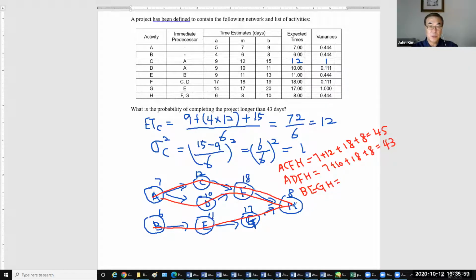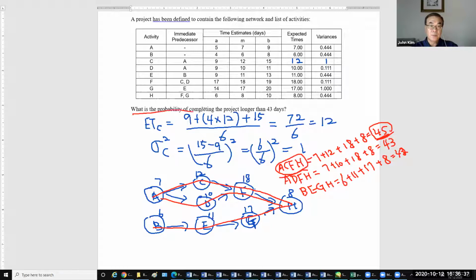And BEGH: 6, 11, 17 plus 8 equals 42. So anyway, this one is the longest. So ACFH is the critical path. And then the duration is 45.